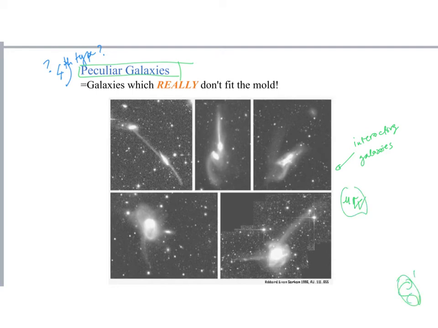Those are spiral galaxies, the Milky Way and M31, or Andromeda. And they are basically on a collision course towards one another. So in about 5 billion years, they will collide.